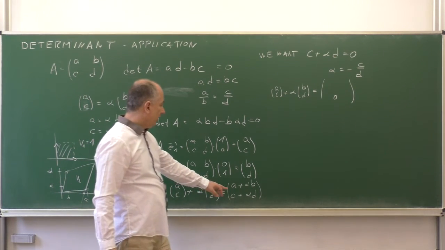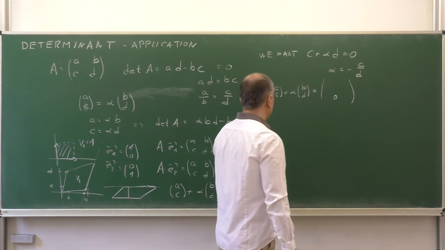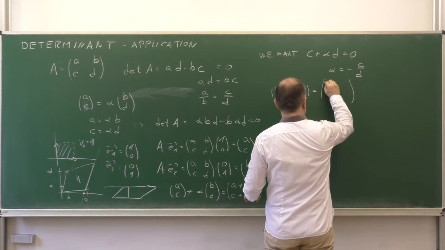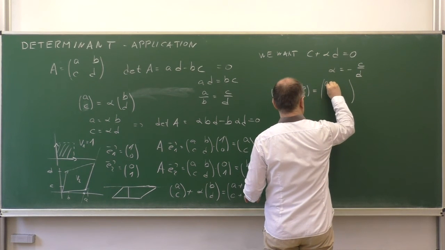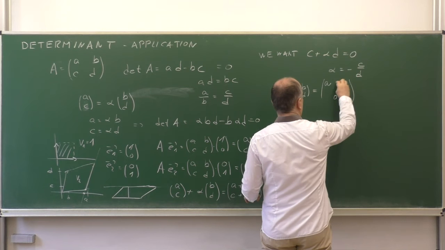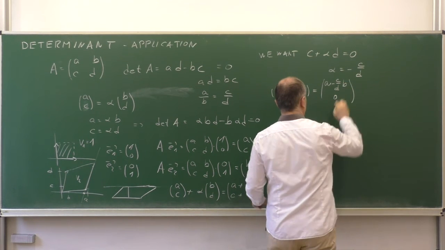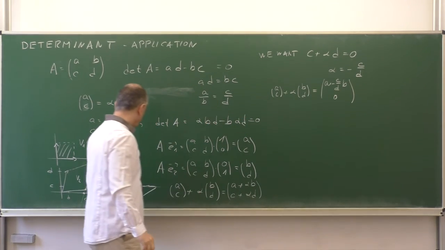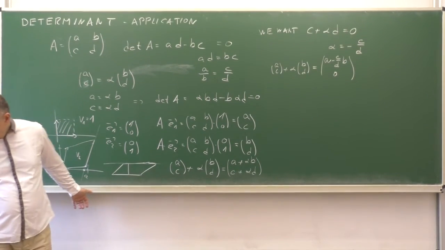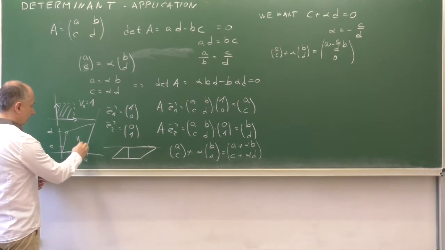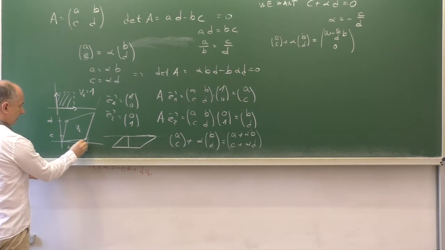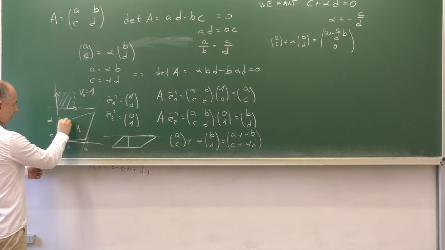And the first component is A plus alpha B, which is A, and alpha is minus C over D, times B. And then the following rectangle is generated.